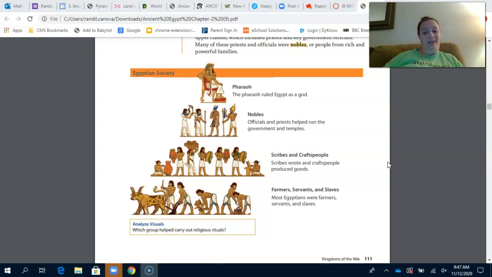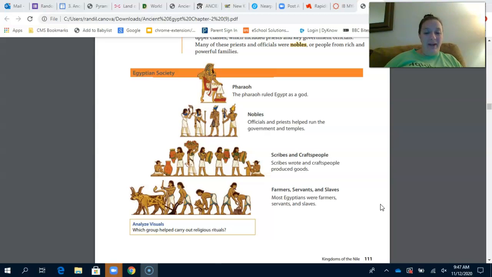And then the last social class on our Egyptian society pyramid are farmers, servants, and slaves. And we see here that most Egyptians are farmers. And again, because Egypt is a river valley civilization, we know that the people who farmed needed to use the water from the Nile River.